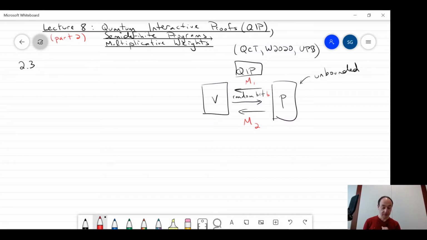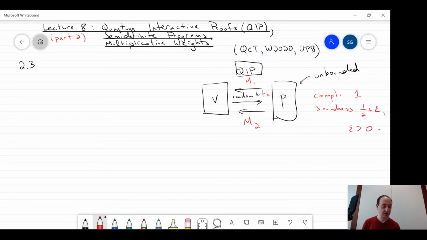So this is the basic protocol we're going to analyze. I believe we can assume without loss of generality that completeness is 1 and soundness is a half plus epsilon, for any small epsilon that you like.